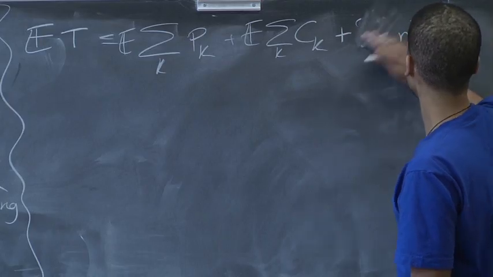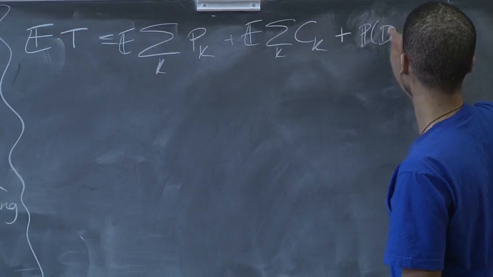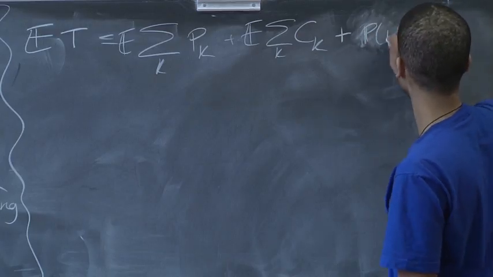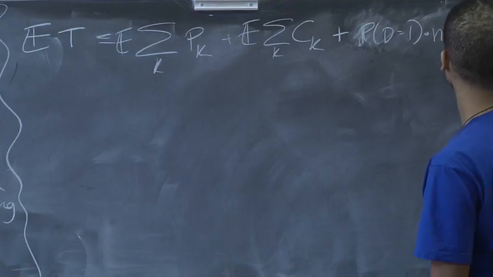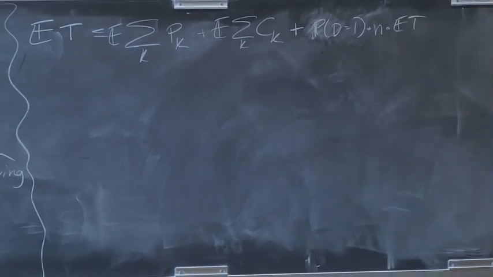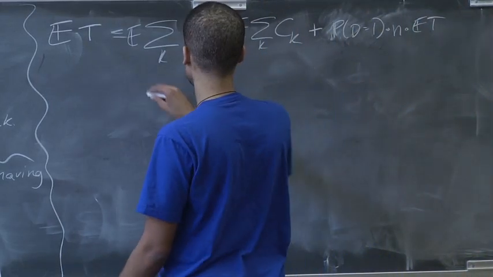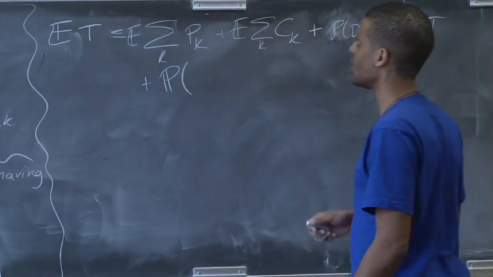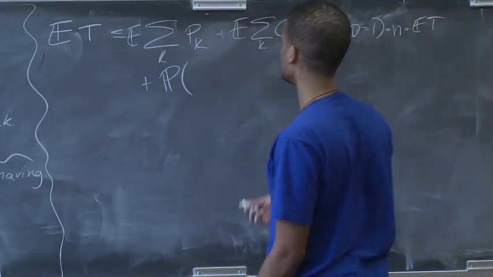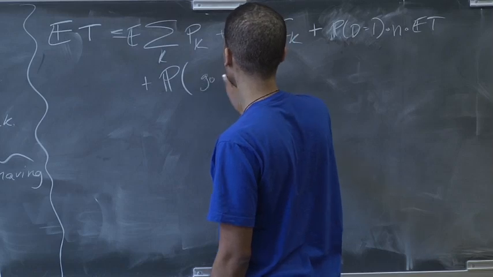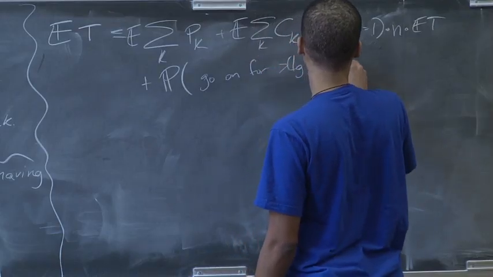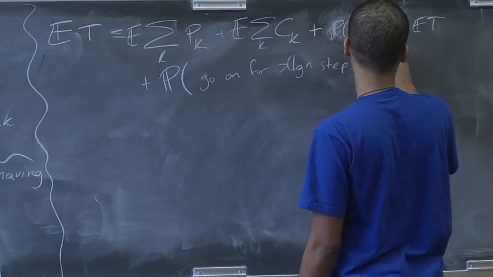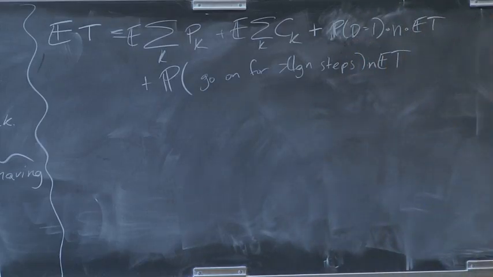So plus, the probability of D being 1 times n times the expectation of T, plus the probability that we go on for more than C log n steps times n expectation of T. Okay.